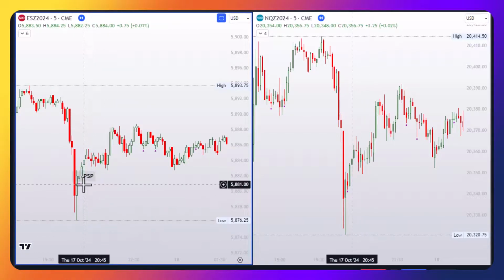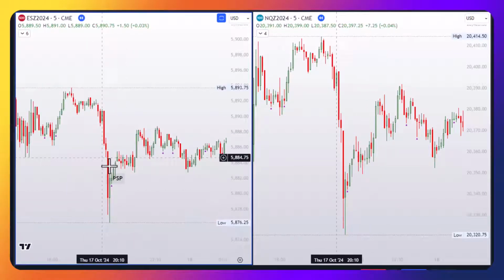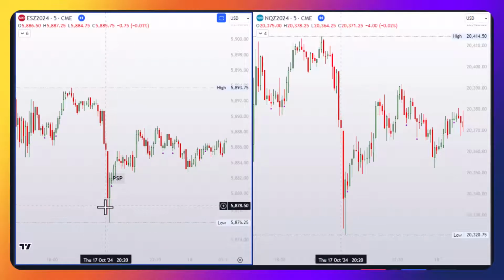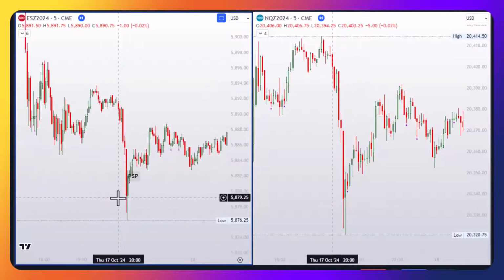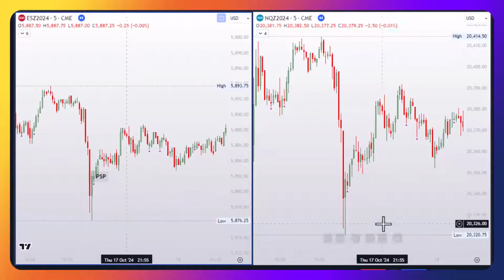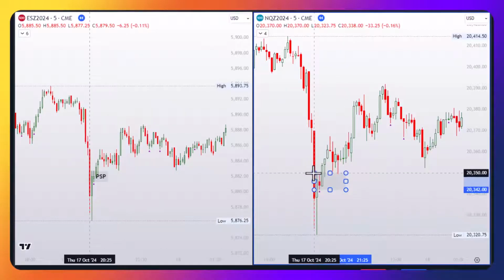You want to have a sense of what's my bias, what do I think the draw is, are we pulling back to some moving average that we've been bouncing from? Could it be bouncing here, or is it going to continue down? So at this point, you have a green precision swing point candle versus a red precision swing point candle.